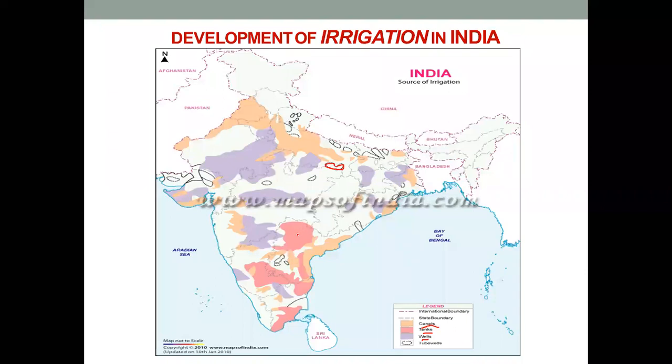you will see that the storage tank is basically used in the southern part of India, okay. You won't see its use in the northern part of India. So that means the storage tanks are built basically in the south, they are being used, but they are not being used in the northern part.